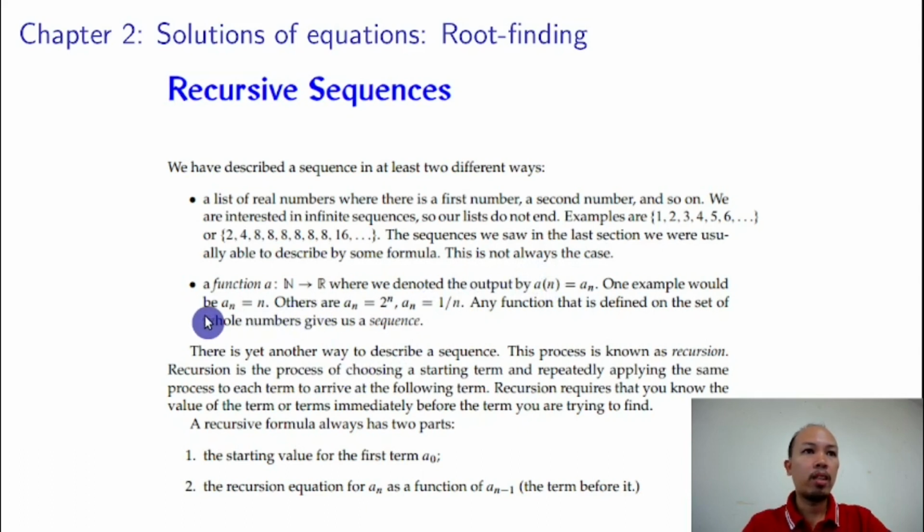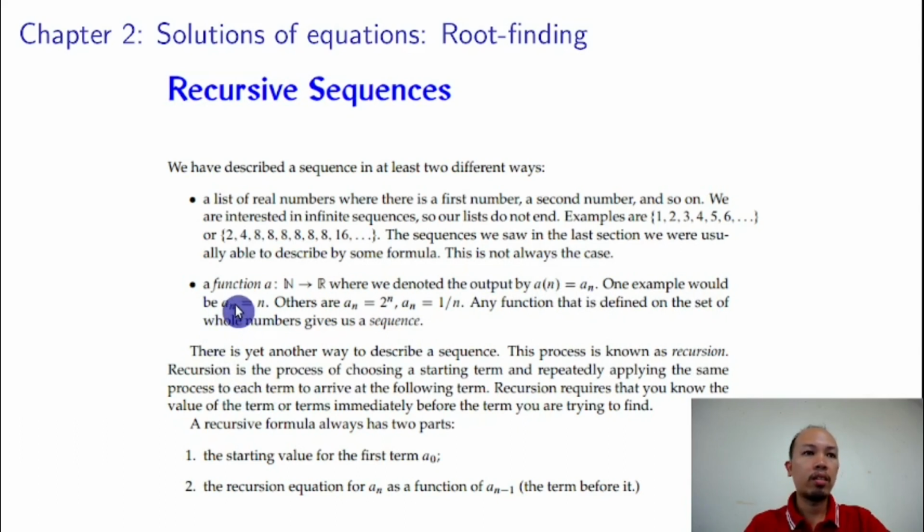The second one is when you describe a sequence using a function. So it says here a function a from the set of natural numbers to R, where we denote the output by a of n equals a sub n. This is very familiar in calculus 3. So one example is this one here.